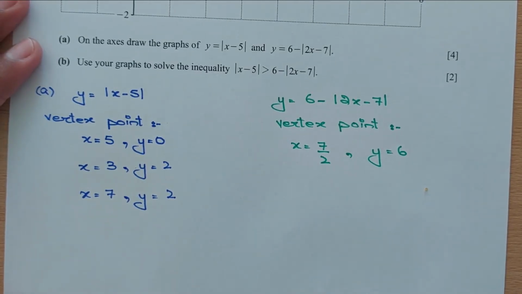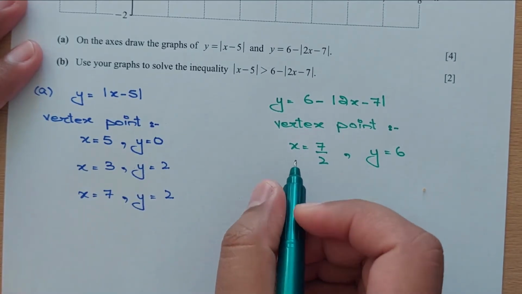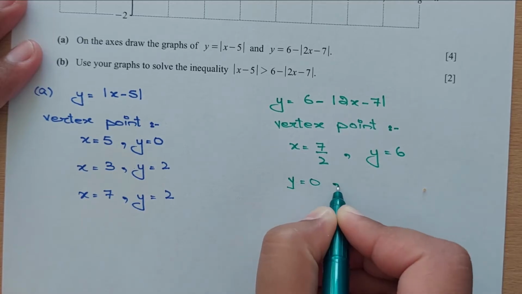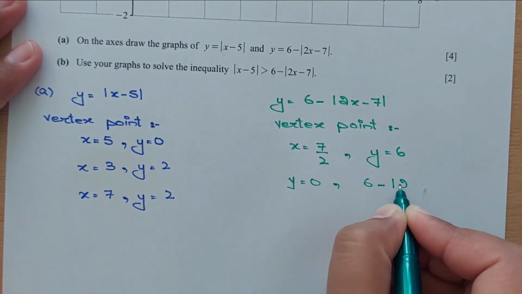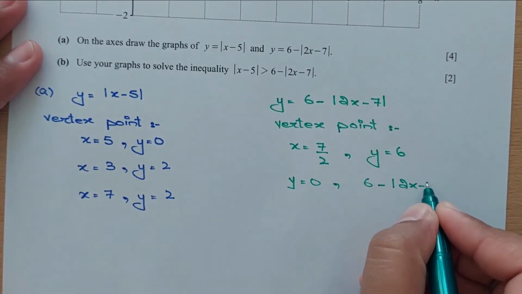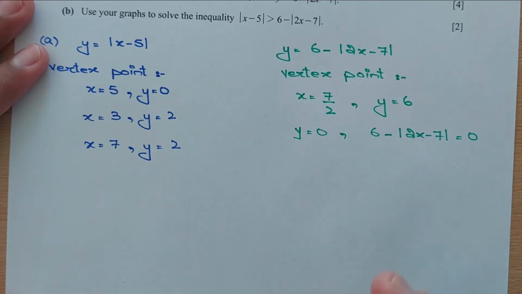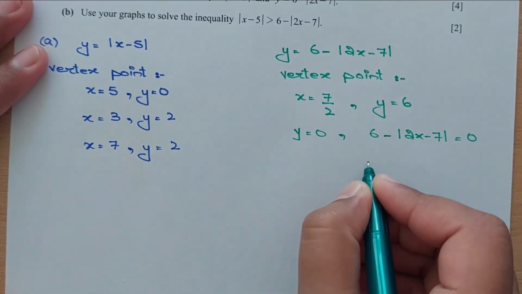Next, let me substitute y equals 0 and solve for x. So 6 minus absolute of 2x minus 7 equals 0. Let me open the absolute. To open the absolute we get a positive and a negative sign.